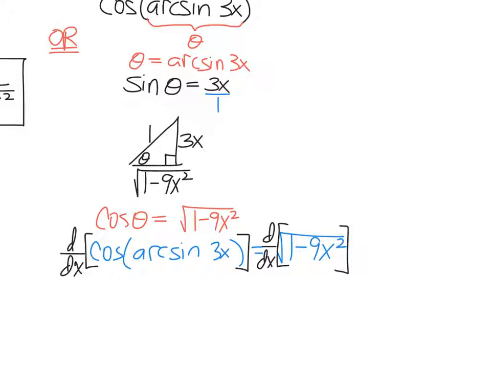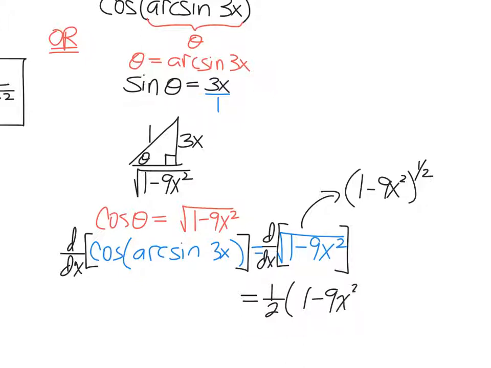So that would be the same as saying, I'll just write this here, 1 minus 9x squared to the 1/2. So chain rule: 1/2 times 1 minus 9x squared to the negative 1/2 times the derivative on the inside, which would be negative 18x.